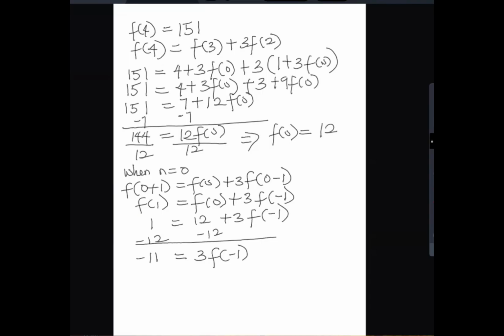So if I divide both sides by 3, I will have f of negative 1 is simply negative 11 divided by 3. And that's all about that. This is what you're expected to do.